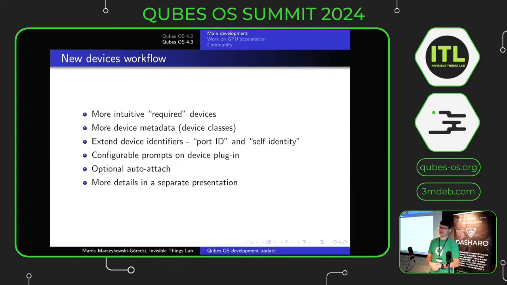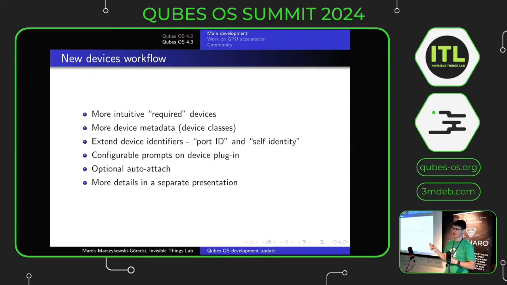We have more metadata about devices, so it's not just some device ID which was not even stable. So if you have two USB sticks connected, the ID was different depending on the order in which they were connected, so it was quite inconvenient to work with. So now we have two concepts.